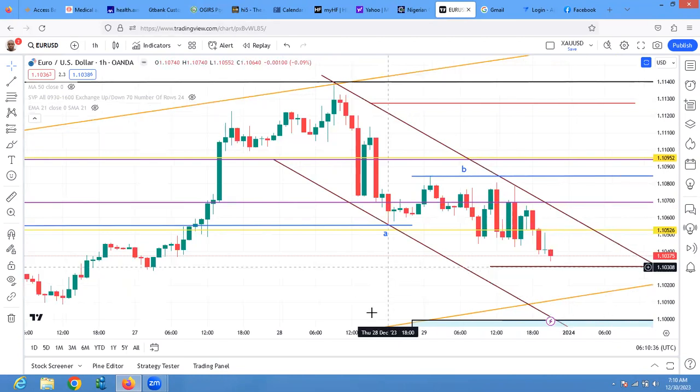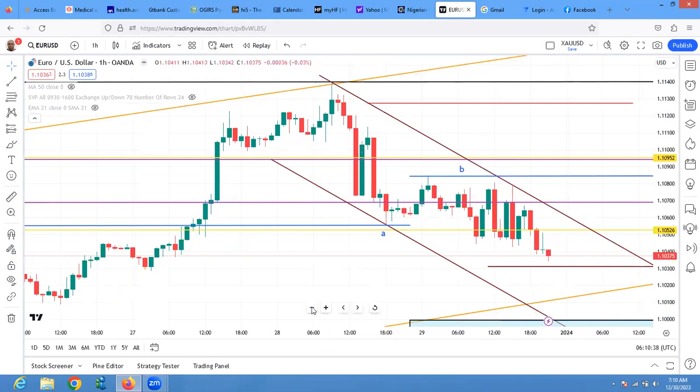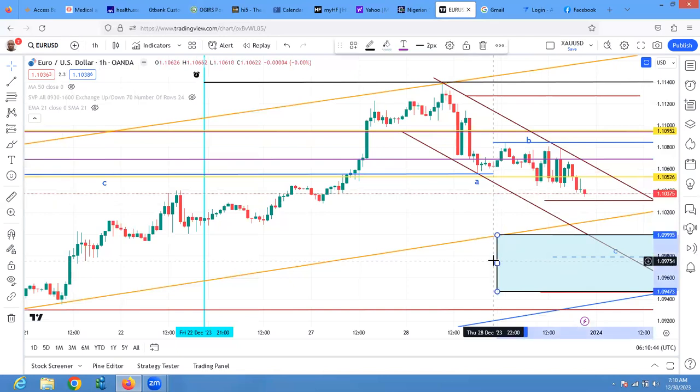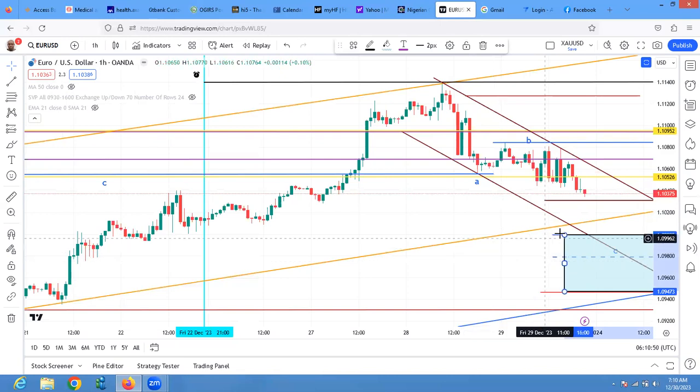So we may just violate this point of 100. Price may violate this place, but try to warm up to this area before we go up. That is what is looking most likely to happen.